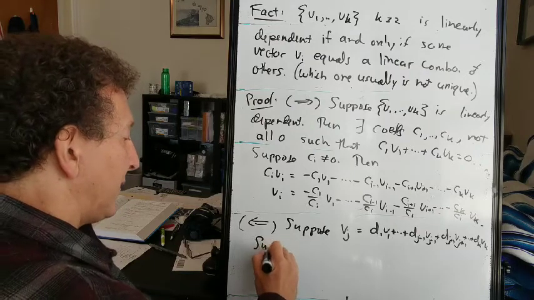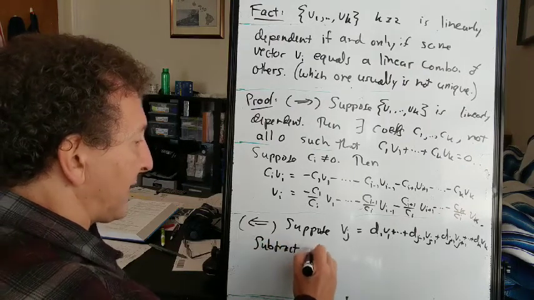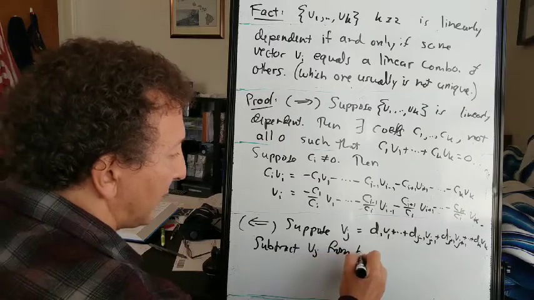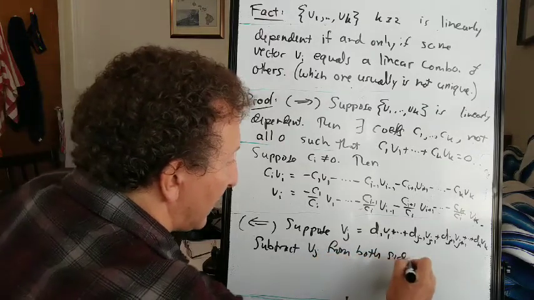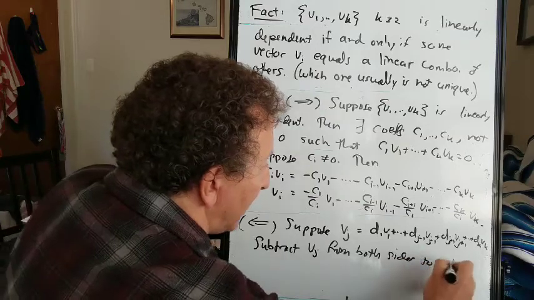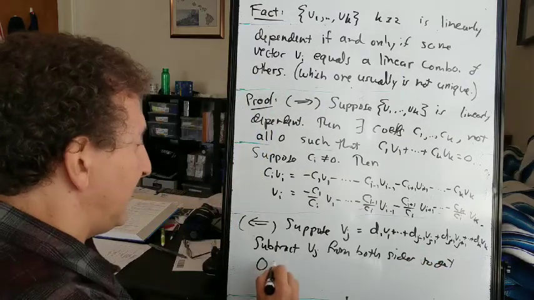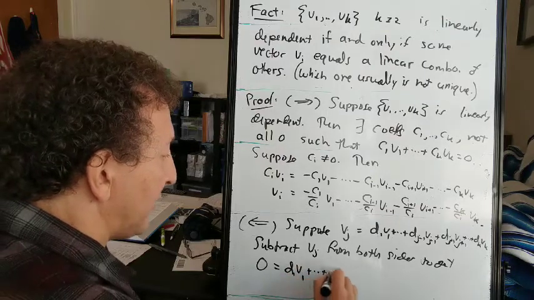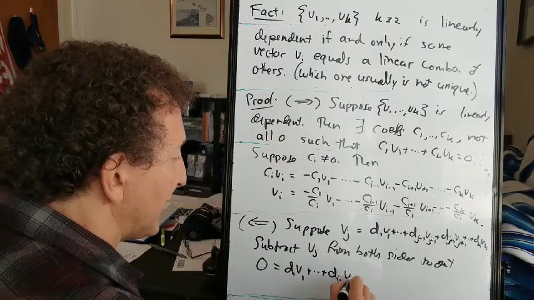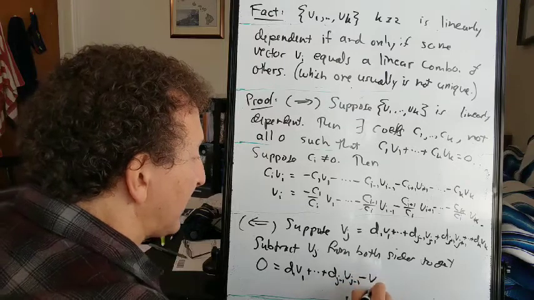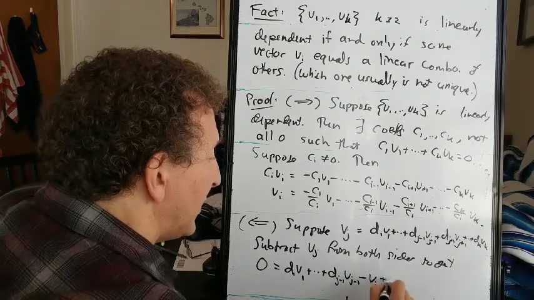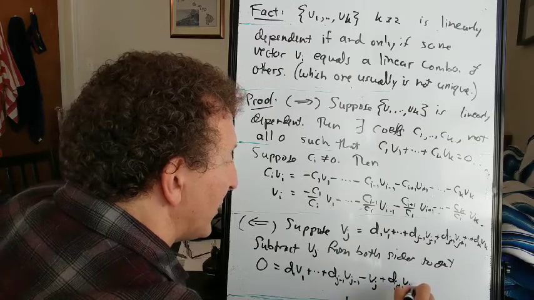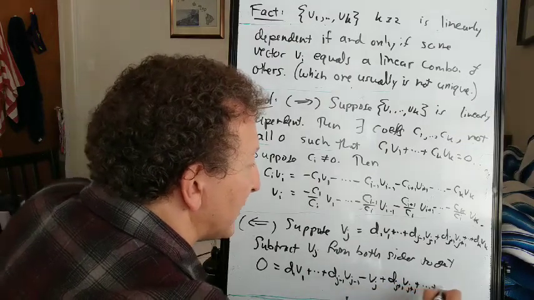Then we can subtract vj from both sides to get 0 equals d1 v1, etc., up to dj minus 1 vj minus 1 minus vj plus dj plus 1 vj plus 1, etc., up to dk vk.